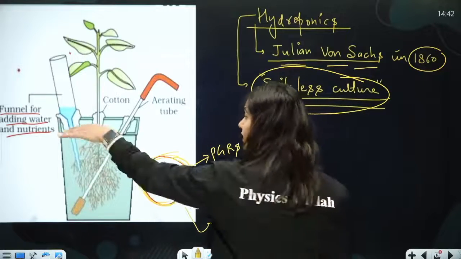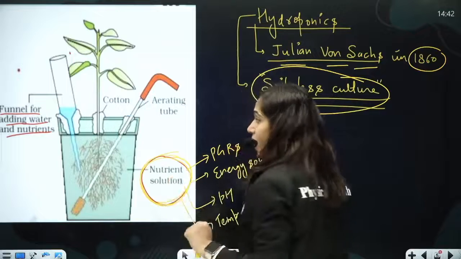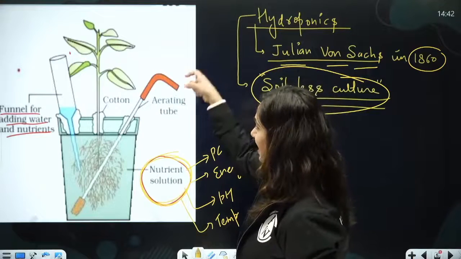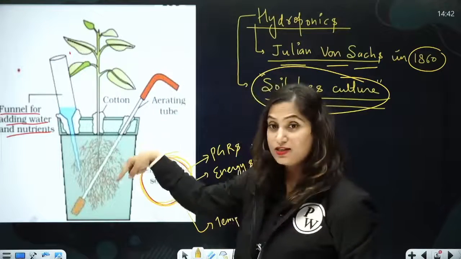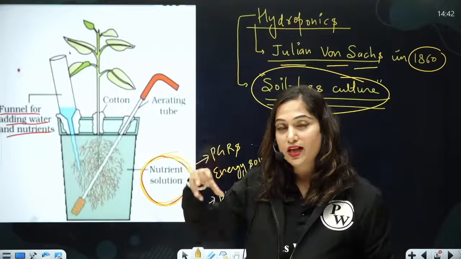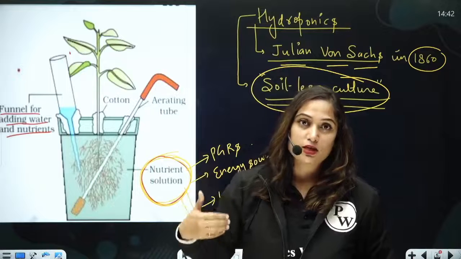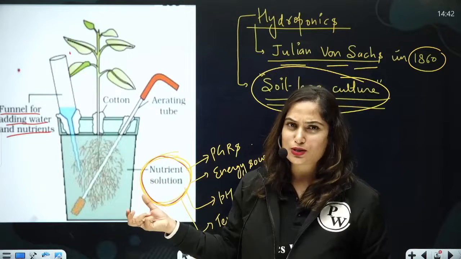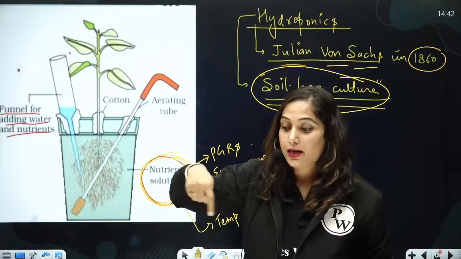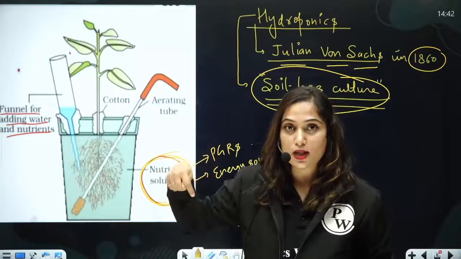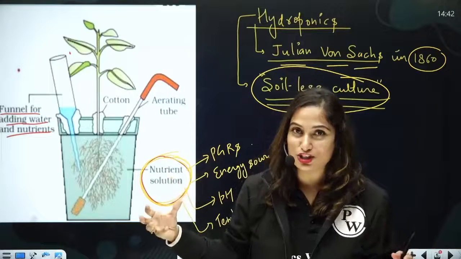And then we cover this nutrient medium and we add an aerating tube in it. What is the function of the aerating tube? With the help of this aerating tube, we can add oxygen at intervals to this solution, because oxygen will get consumed, and we will stir the medium so that the medium will remain homogeneous.